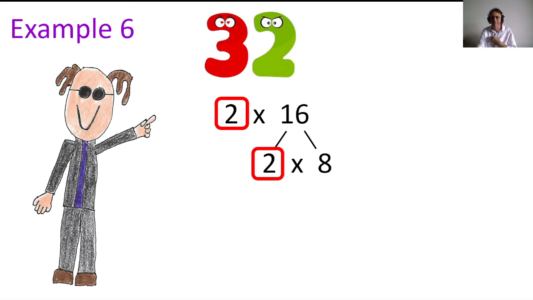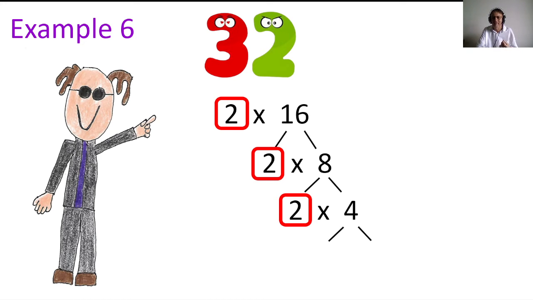How about 8? 8 is a composite number, so we have to divide by 2 again. 8 divided by 2 is 4. So the equation is 2 times 4. Oh my gosh, teacher. Here we go. 4 is a composite number, so we must again divide by 2.